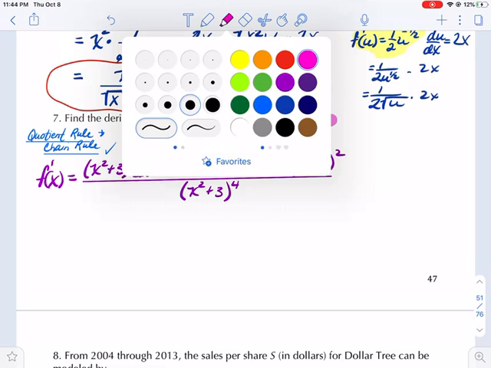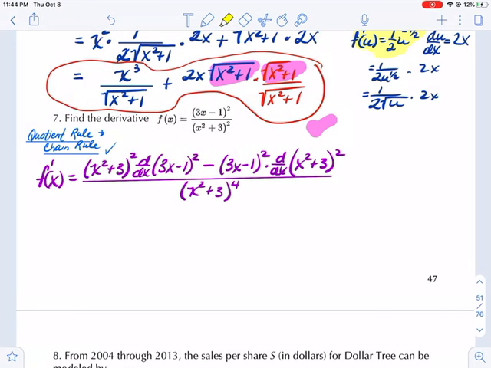So let's go over what our task is next then. We've got our quotient rule all set up. The two parts that need to be resolved within this before we start to simplify are the fact that we have two derivatives to accomplish. Now, there's an easier way as you're working with these to factor out common factors that exist, but let's take a look at this first. So we have x squared plus 3 squared. That just stays there. Now we're going to take the derivative of this.